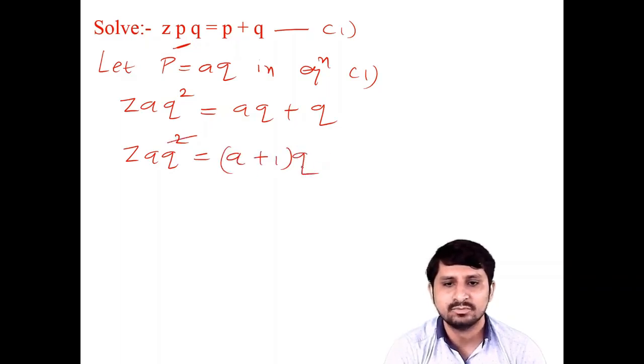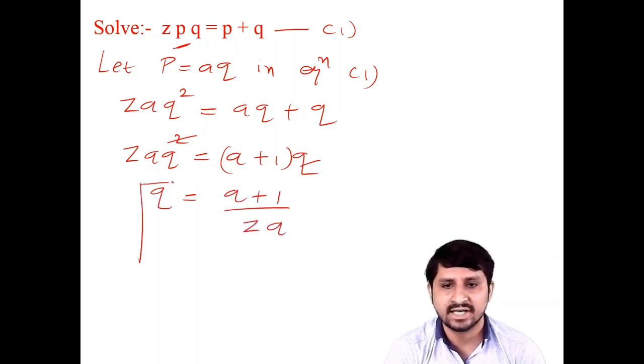Okay, so one q from the left hand and right hand side we can cancel out. So z a q is equal to a plus 1, so the value of q is a plus 1 upon z into a. And now we know what our p is. P is nothing but a into q.